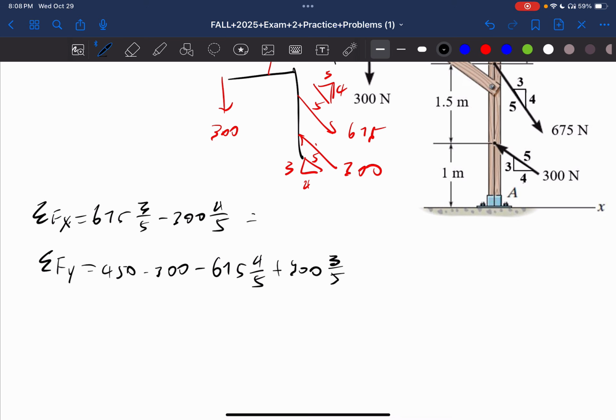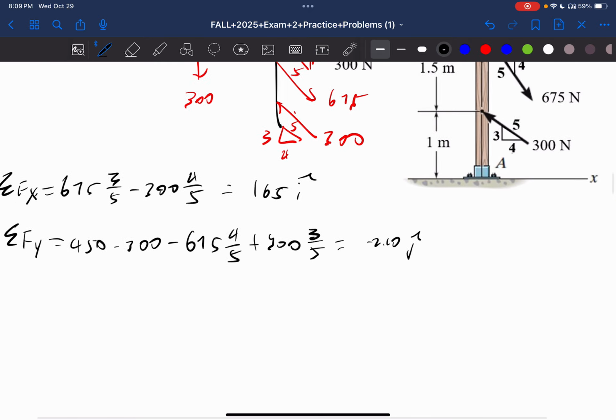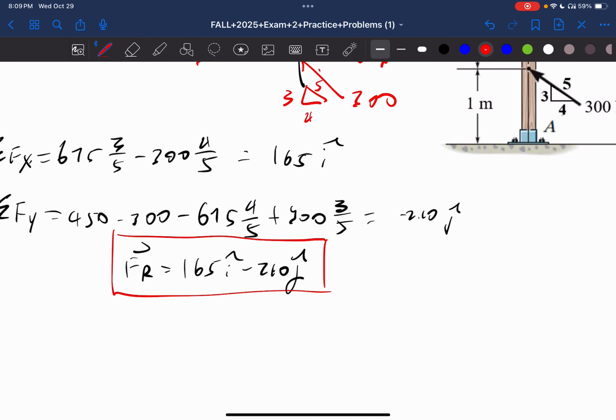Solve this, solve that, right? We're going to get 165 in the I direction and negative 210 in the J direction. So the resultant force is going to be equal to 165 I minus 210 J. Pretty simple stuff, sum of the forces in X, sum of the forces in Y.